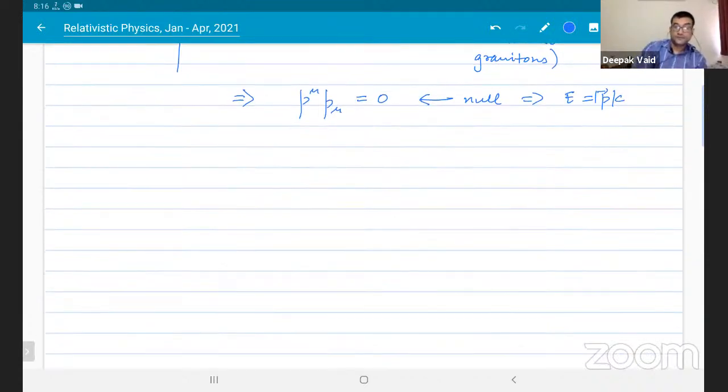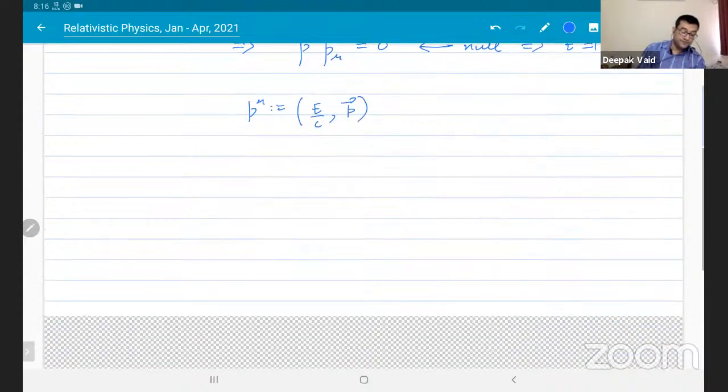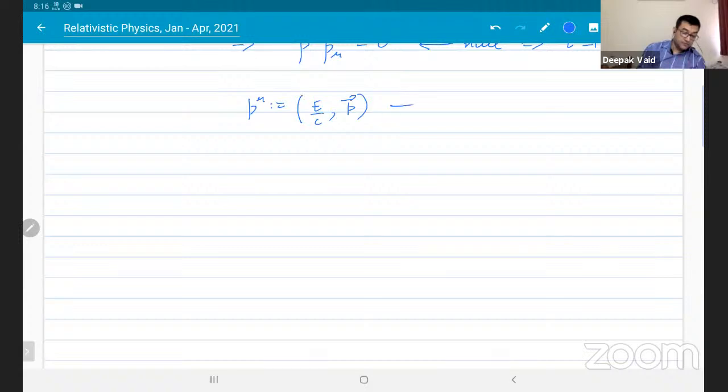Now let's talk about the behavior of this vector under Lorentz transformation. Let's see what happens. So let me write down the components again. Okay. And so what will we get? We will get P mu prime is equal to lambda mu prime mu, P mu, right?